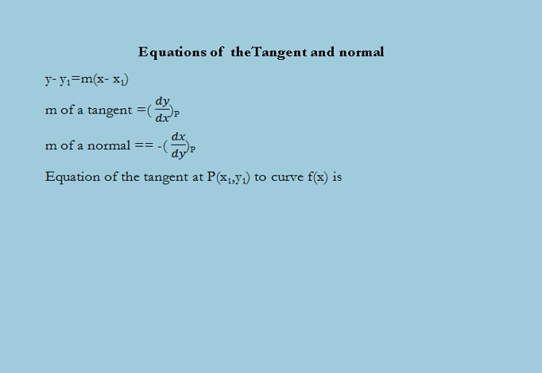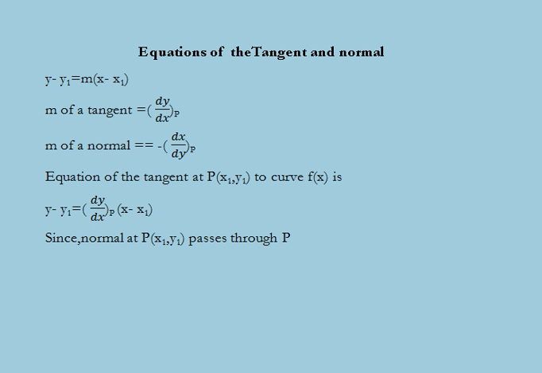Therefore, the equation of the tangent at point P with coordinates x1 and y1 to the curve y equal to f(x) is given as y minus y1 is equal to dy/dx at point P times (x minus x1).